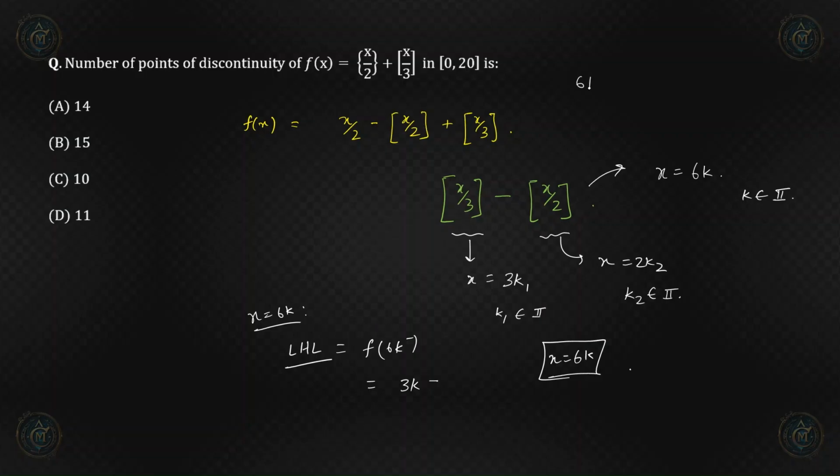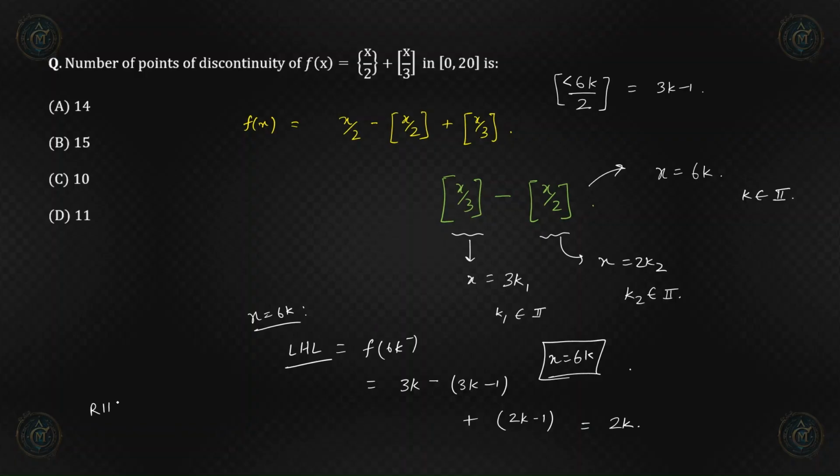If we have something less than 6k divided by 2 and we take the greatest integer, we get something of the form 3k minus 1, right? So this will be 3k minus 1 plus this greatest integer, which will be 6k minus divided by 3, that is 2k minus 1. So this becomes plus 1 minus 1, so 2k.